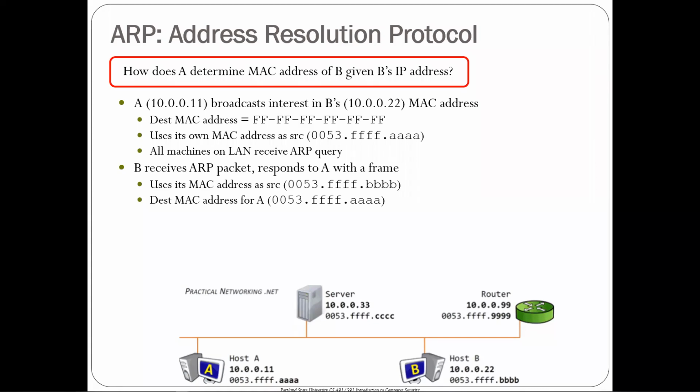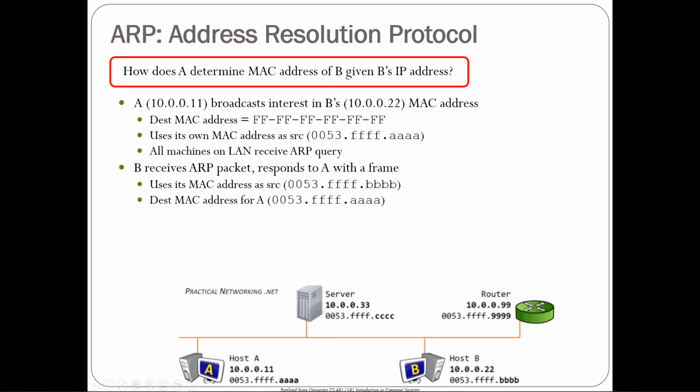And you have a network here on the bottom left, host A, with this IP address 10.0.0.11. It wants to directly communicate with host B, but all it has is host B's IP address, which is 10.0.0.22. And how does it figure out the hardware address that host B is using?